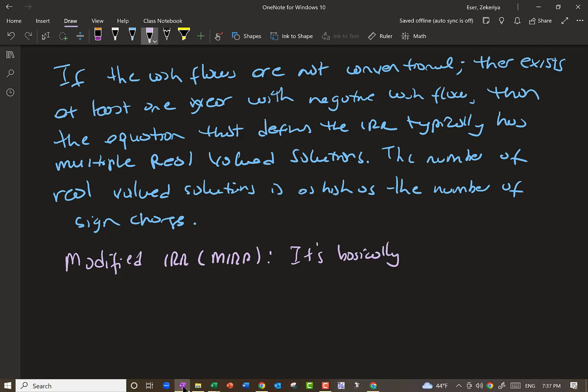Your book defines 3 different ways of doing it, but I'm going to do only one of them. It's basically calculating IRR for a modified set of cash flows.